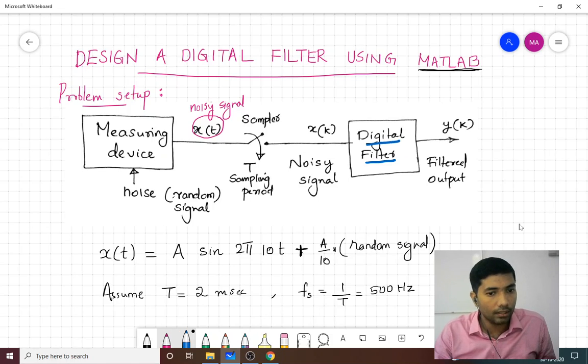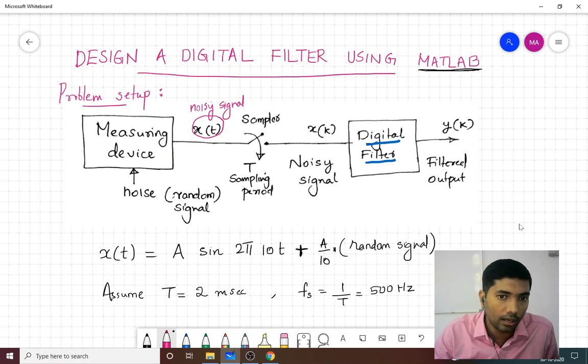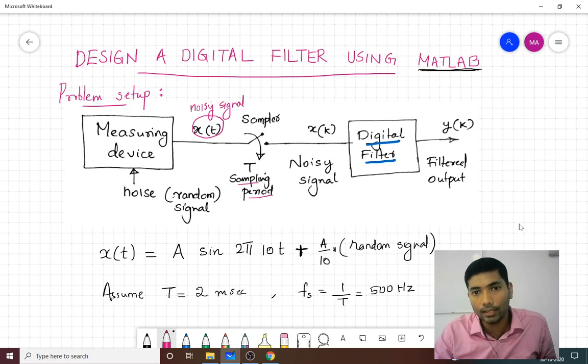So the signal is in continuous time domain, x of t, and in order to give the signal to the computer or to the digital filter, we need to use some sampling techniques. So let's assume capital T to be the sampling period, and we know that by Shannon's sampling theorem what must be the sampling period.